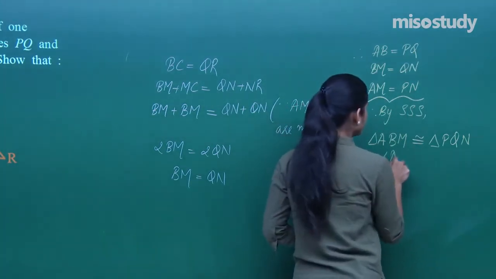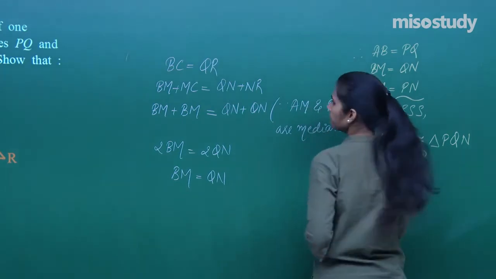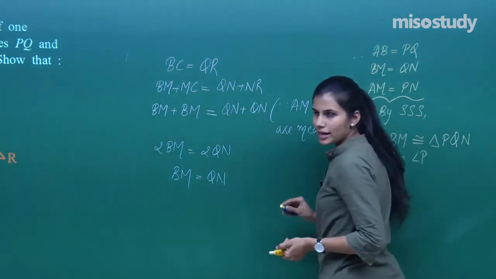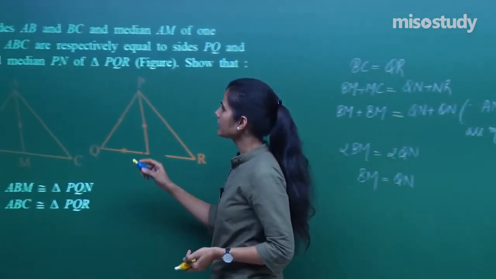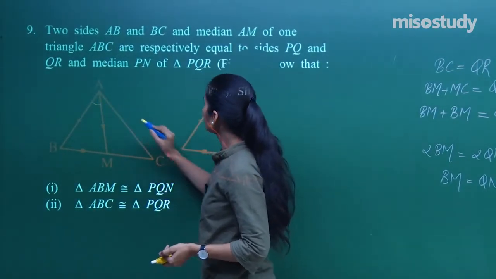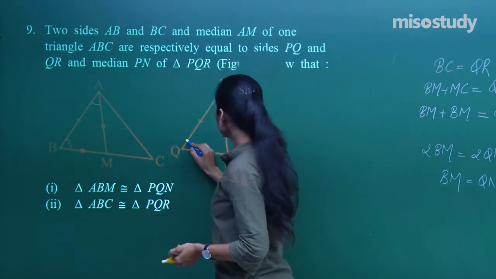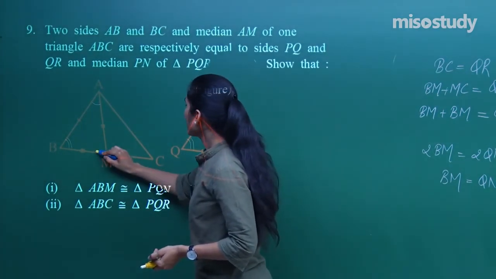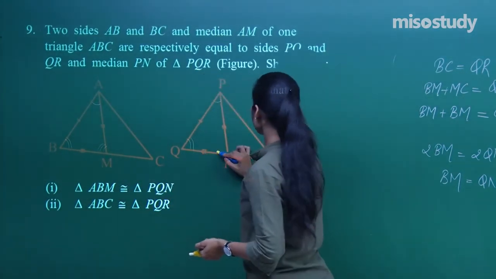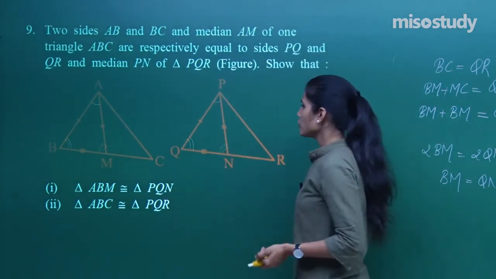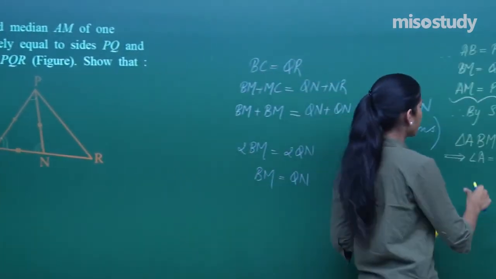So I will have angle at A is equal to angle at P. That means I am talking about this angle. This angle will be same as this angle. Angle at B will be same as angle at Q, and angle at M will be same as angle at N. So I will have angle BAM.